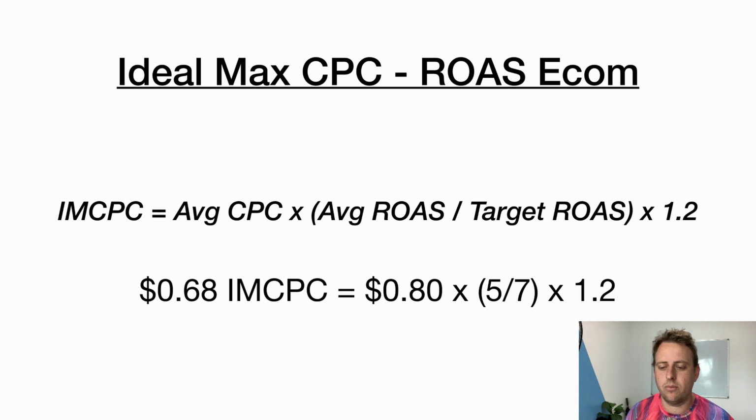It's 5 divided by 7 multiplied by 80 cents and then times by 1.2, and I end up with a lower ideal max CPC than my average CPC of 68 cents. So I know now if I go into those ads and I change my bid to 68 cents and my conversion rate stays the same, then I will move my ROAS to a profitable level of 7x, 700%.